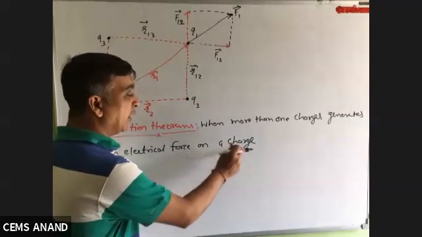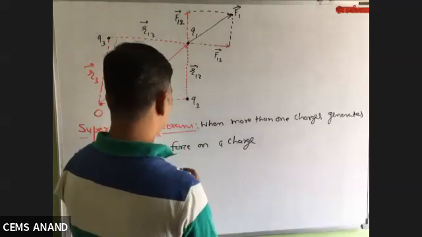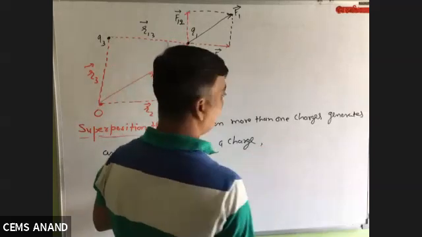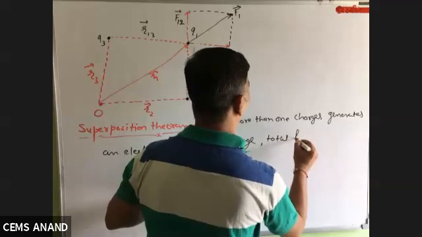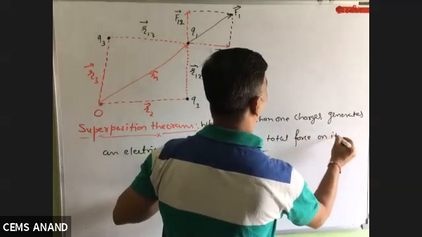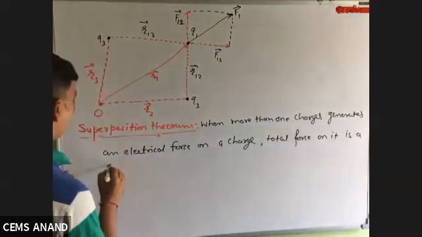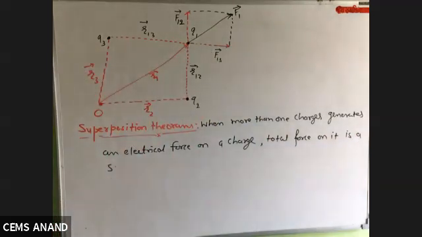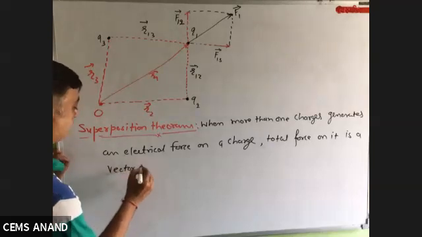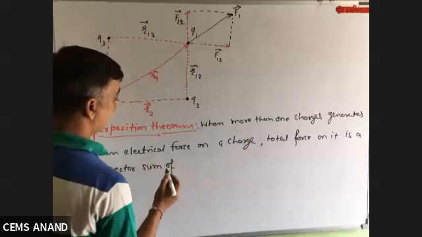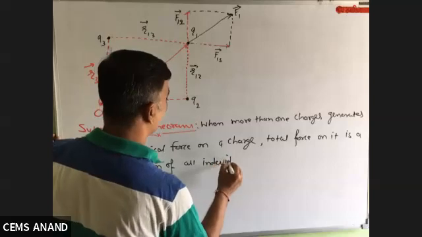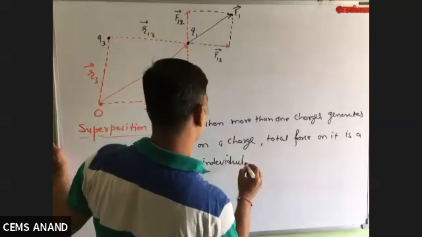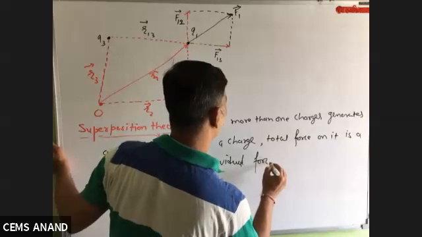Some force on a charge, total force on it is a vector sum of all individual forces.